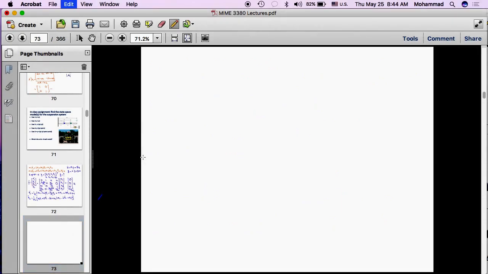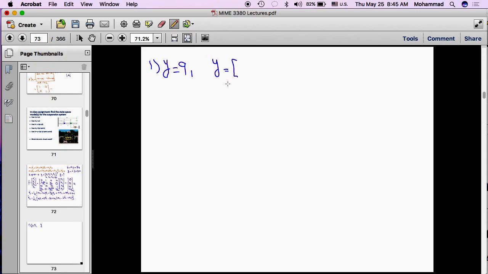So let's say as choice number 1, we want the output to be Q1, the displacement of mass 1. That immediately tells you what the matrix is. Remember, X remains the same.